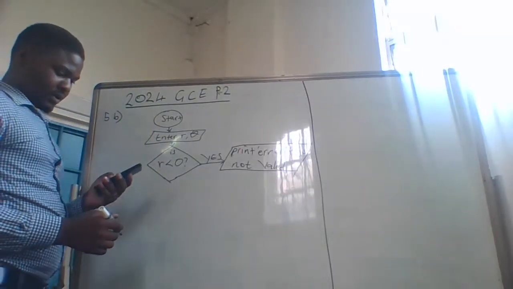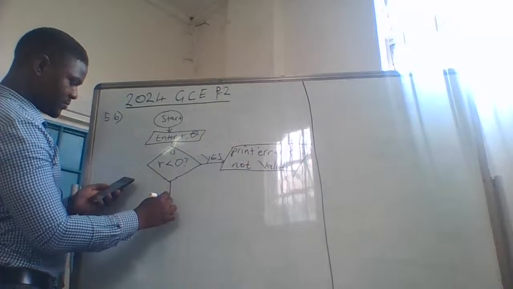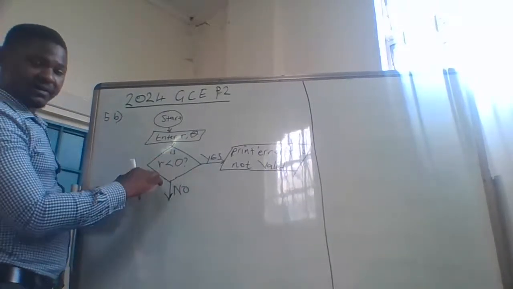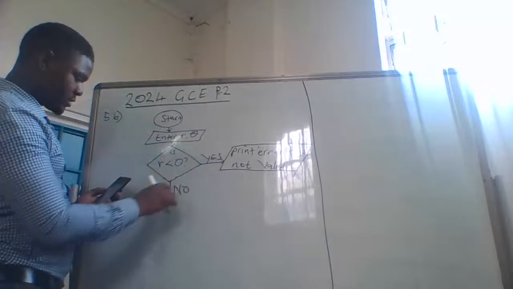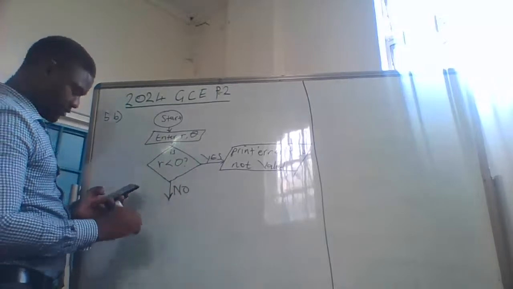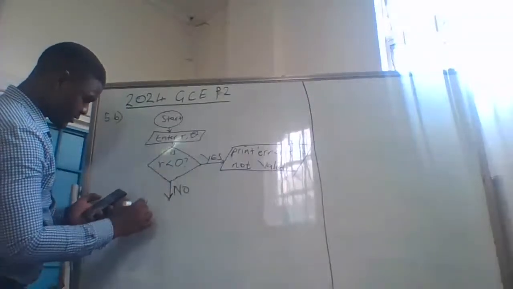After that, there is also the path for no. Is r less than 0? If they say no, then what happens? We have a formula to write.